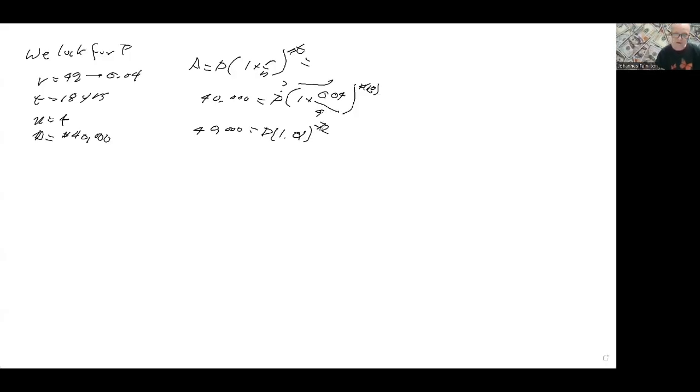Now we want to do a little bit of algebra. So we're going to take care of our power, and that's going to be equal to P principal times 2 point, and we're going to get a long decimal.